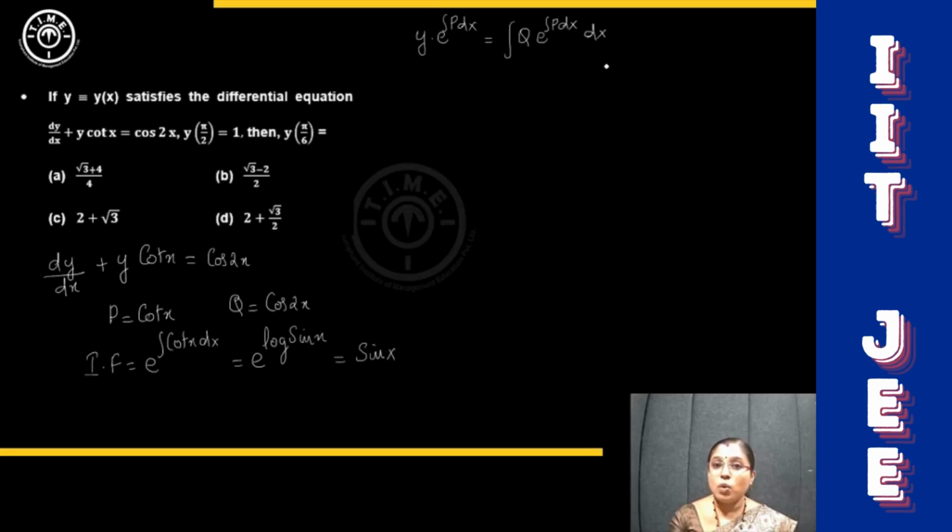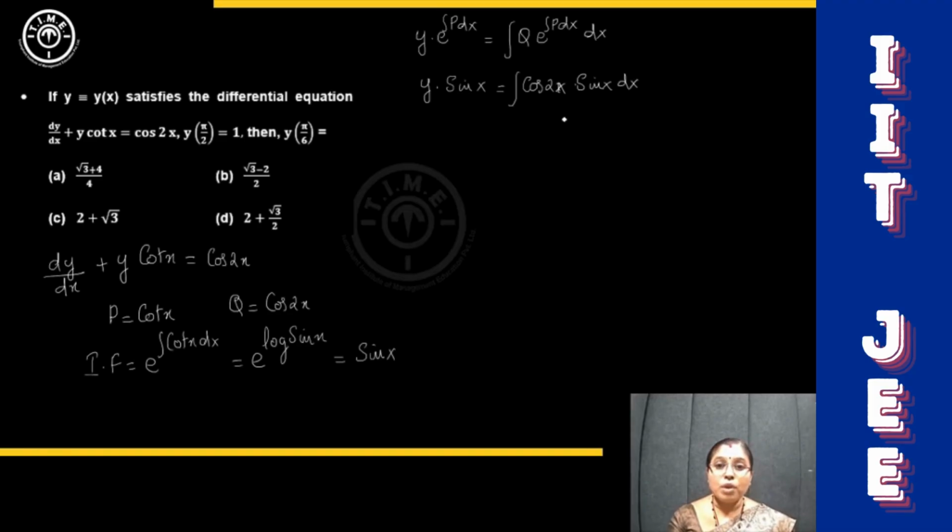This is the solution of the differential equation, so we are going to find this solution first. We have y into e raised to integral p dx, which is sin x, equal to integral of q. Q is nothing but cos 2x into e raised to integral p dx, which is sin x dx.